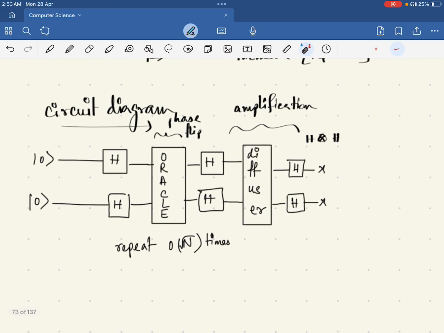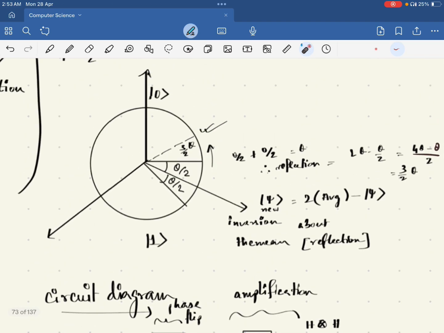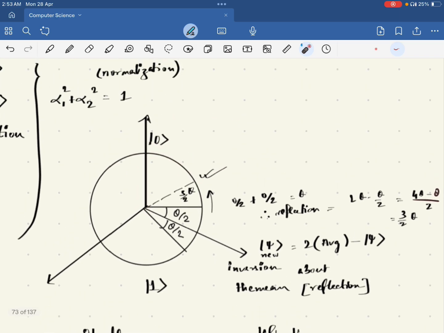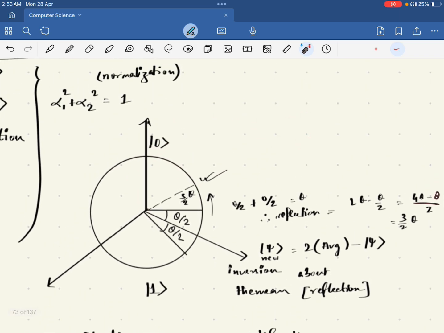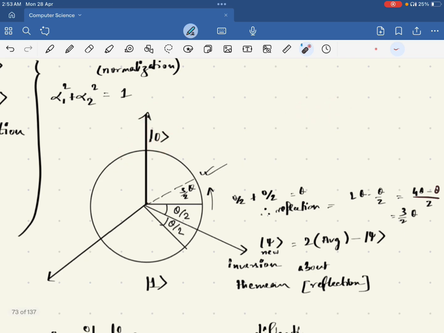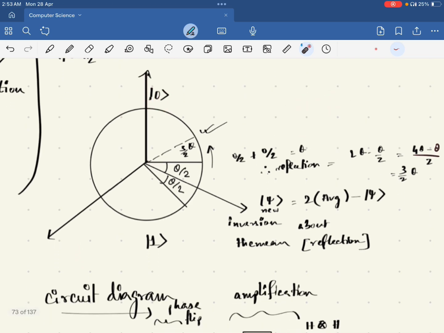If the probability is not high enough, we can reiterate: send it back, and this time the angle will rise further using the diffusion, and it will rise and rise, and eventually go up to 1. This means 1 times the state vector 0 plus 0 times the state vector 1. That means we found the value 0 in the search space.